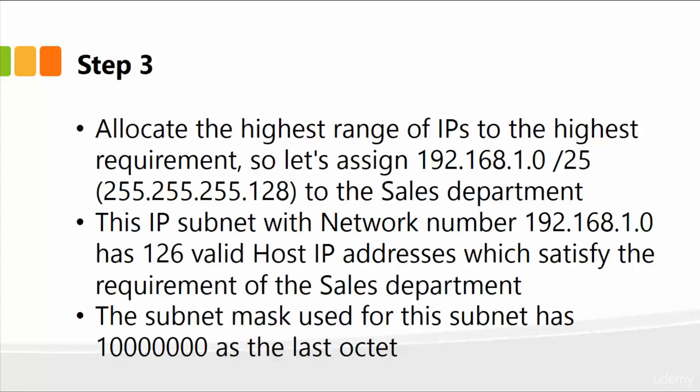Because sales department has how many computers or users? Only 100. The subnet mask used for this particular department has 1 and then of course 7 zeros as the last octet based on the bits.